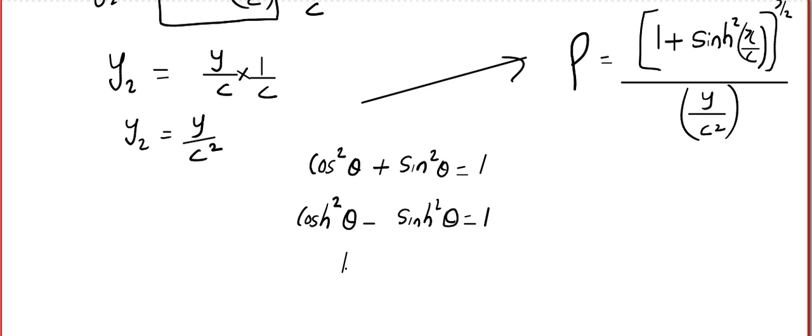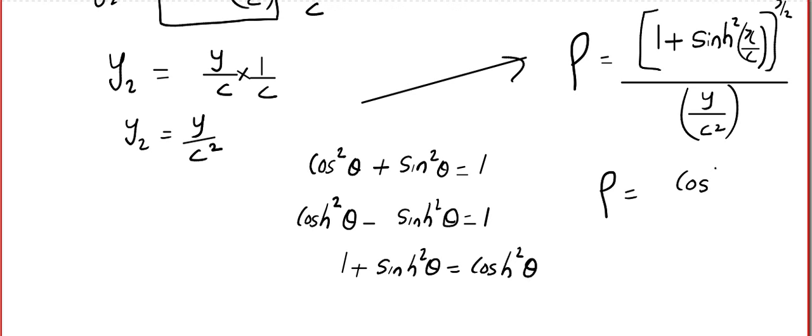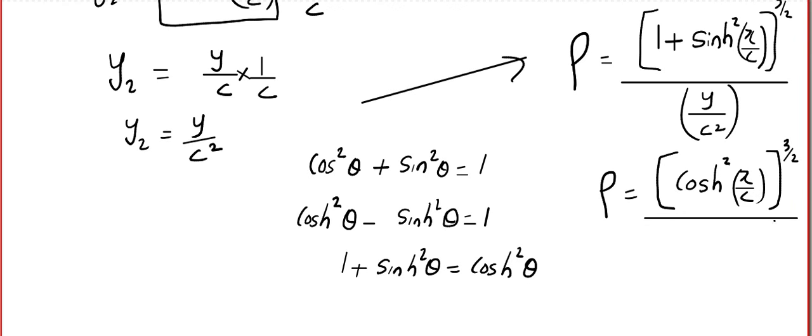Or in other words, 1 plus sinh square theta is equal to cosh square theta. So the numerator becomes (cosh squared x by c) the whole power 3 by 2, the whole divided by y by c squared.